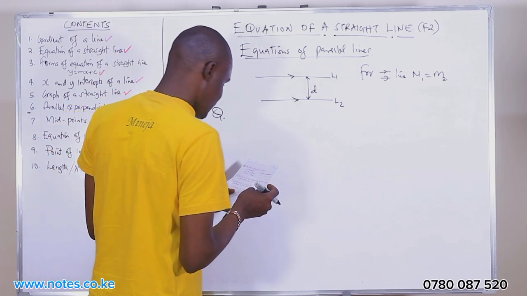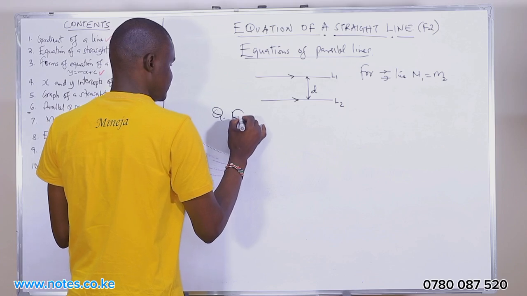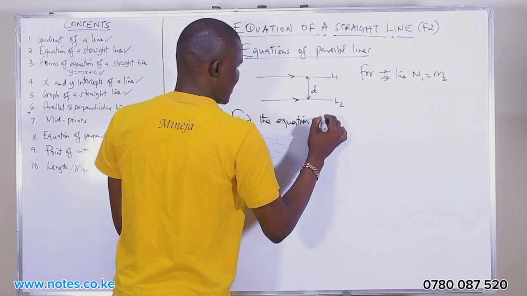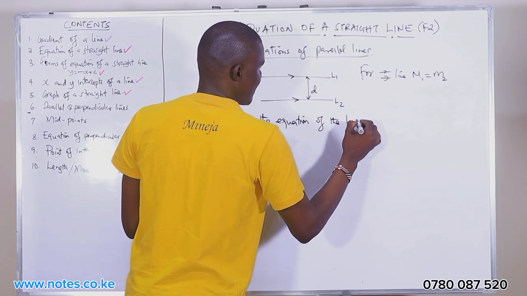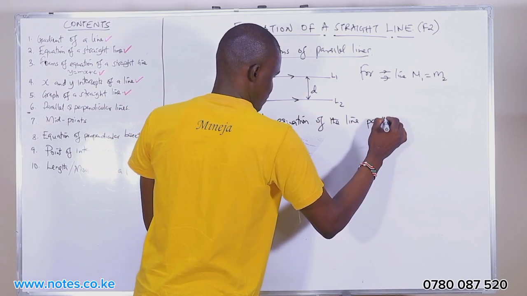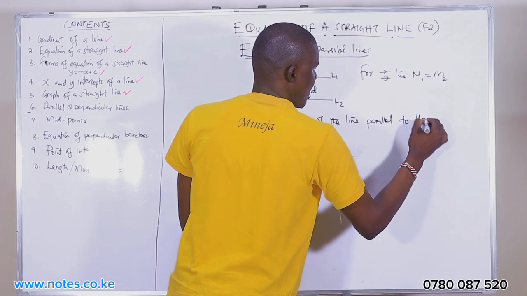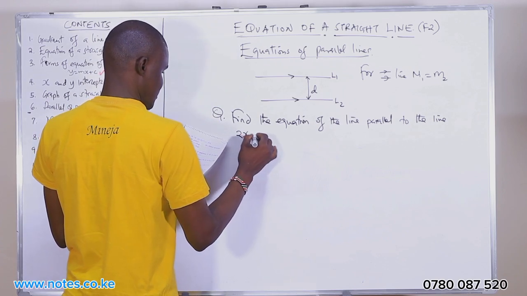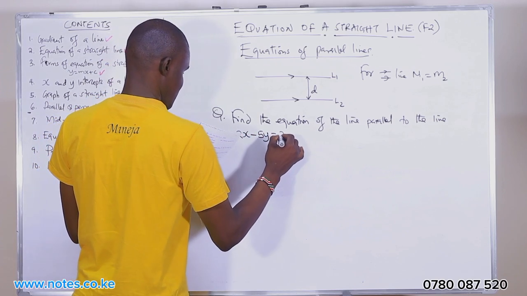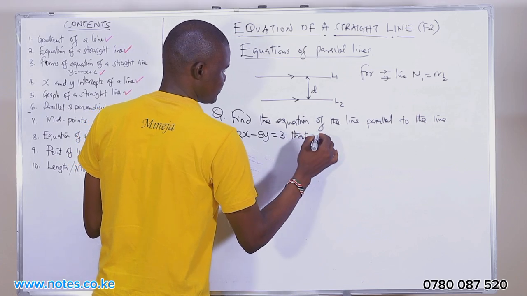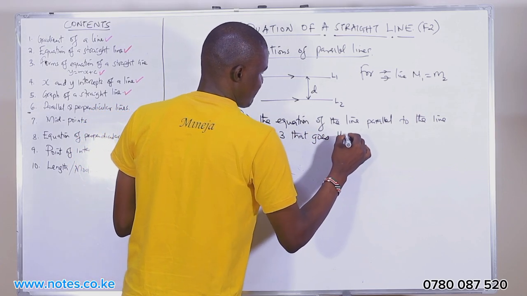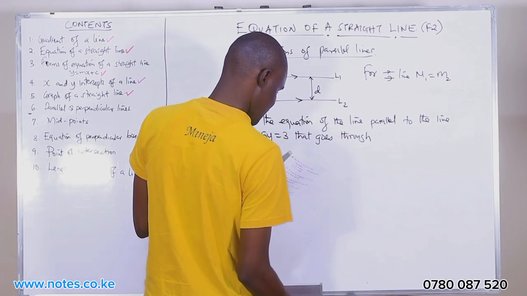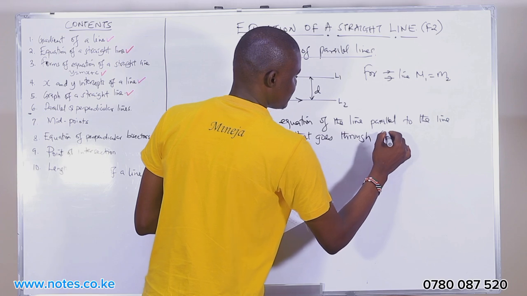A question of: find the equation of the line parallel to the line 2x minus 5y is equal to 3 that goes through (5, 3).